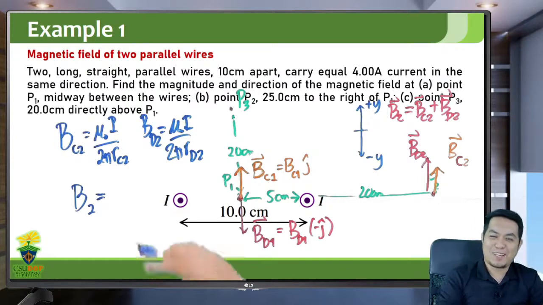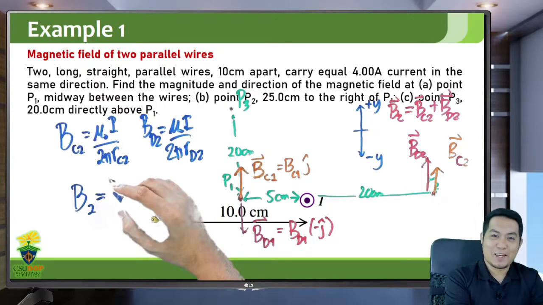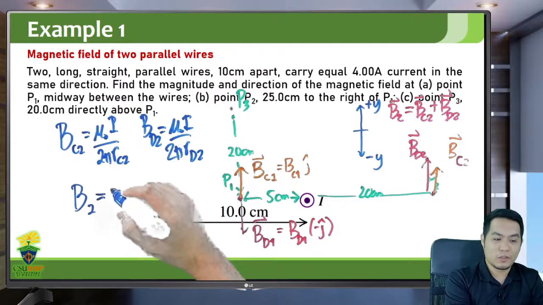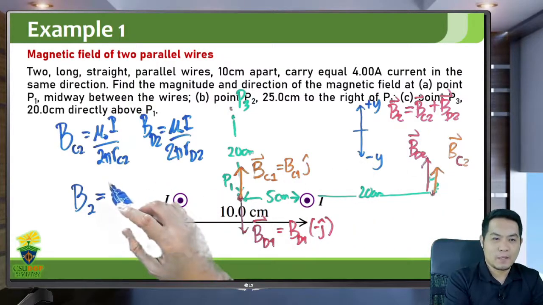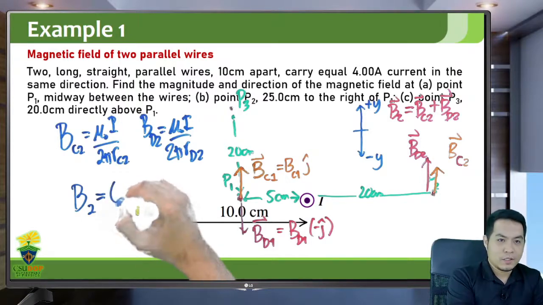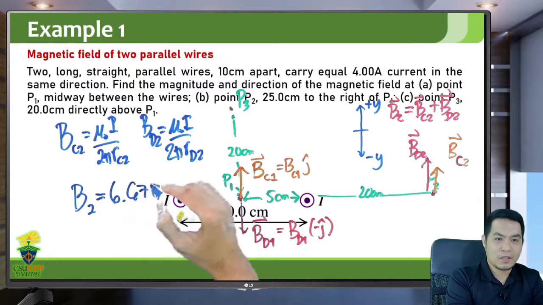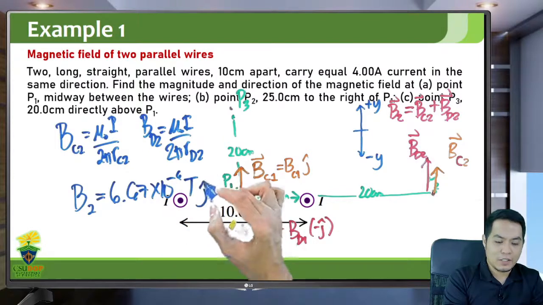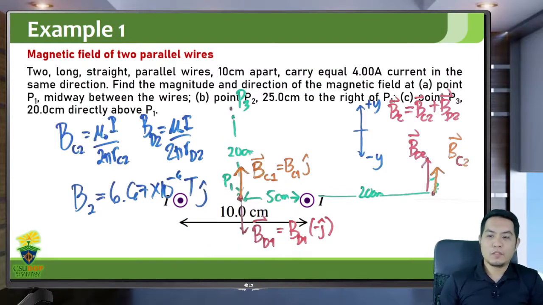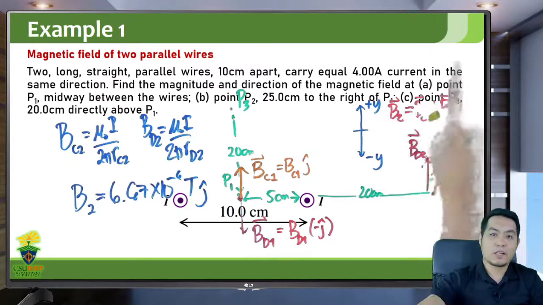I don't use calculators. So the total magnetic field at point 2 will be BC2 plus BD2, and you will get a value of, please recheck this, 6.67 times 10 to the negative 6 Tesla, and the direction is j hat. Of course, it's j hat because the two vectors are along j hat.